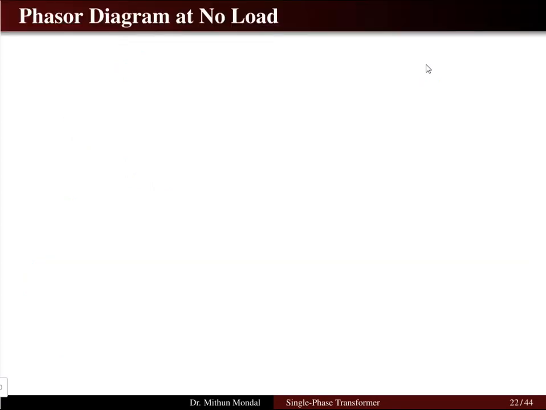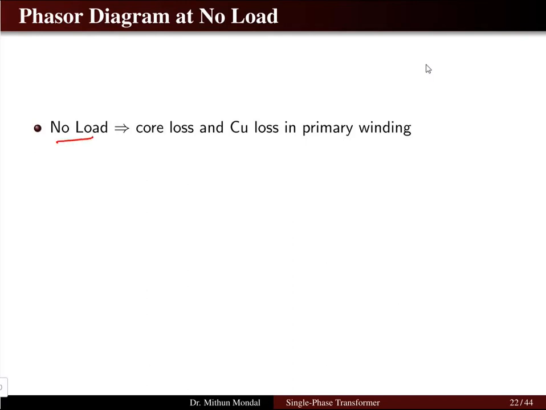So let us see, when there is no load on the transformer, how the phasor diagram of the current and voltage looks. If there is no load, it means that the core loss and copper loss in the primary winding will be there, because the current in the secondary winding will be zero.